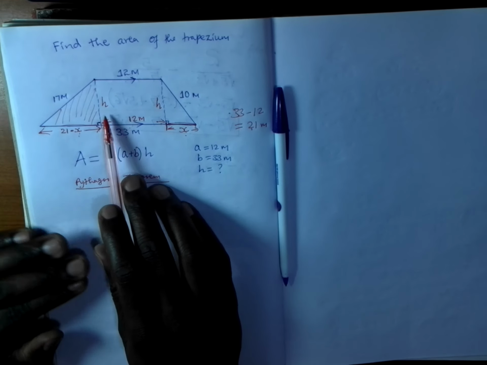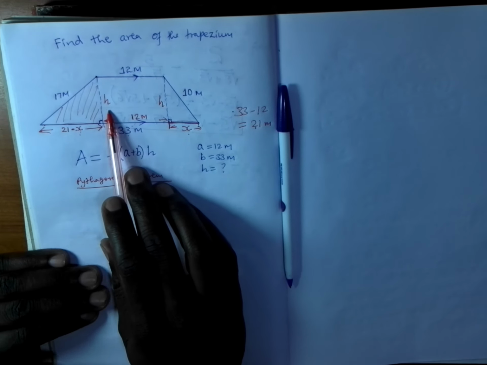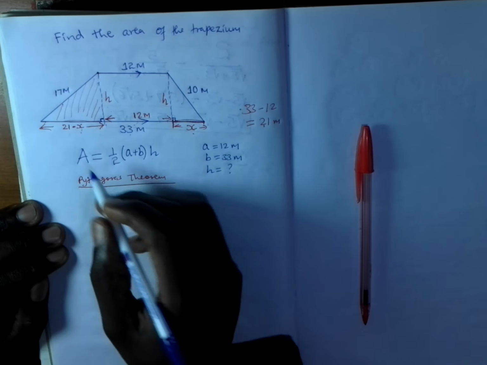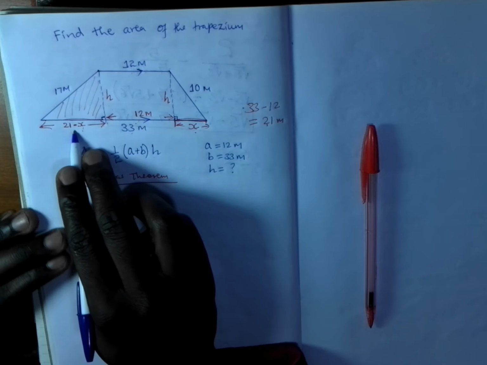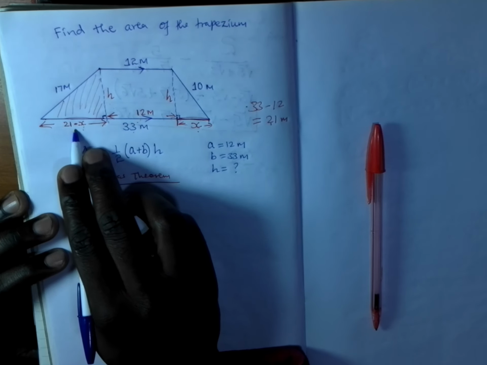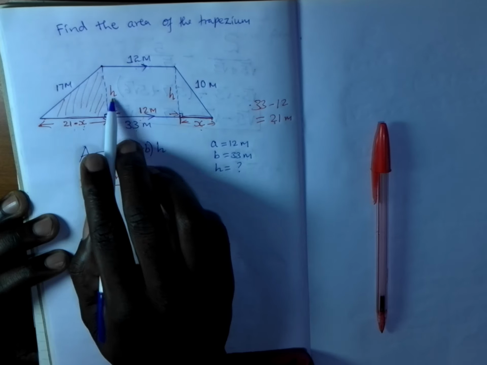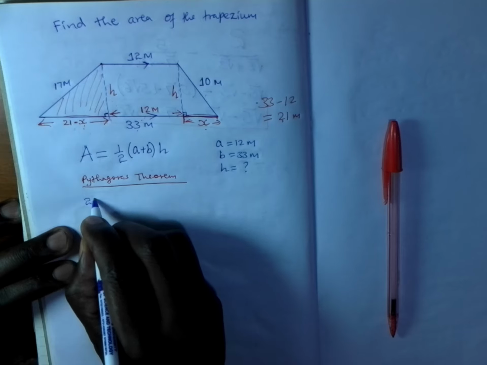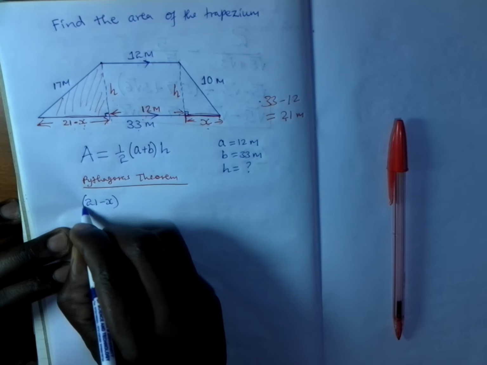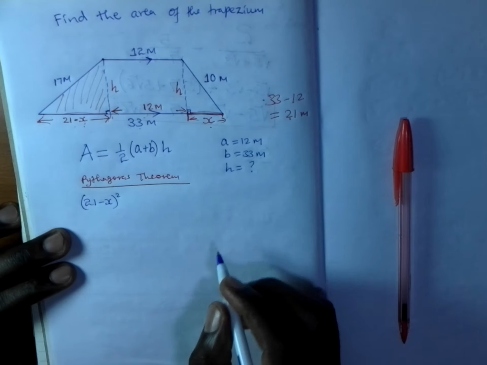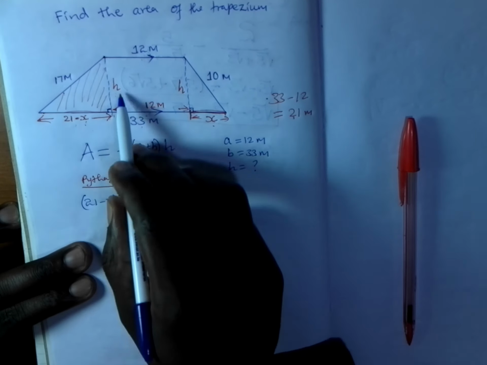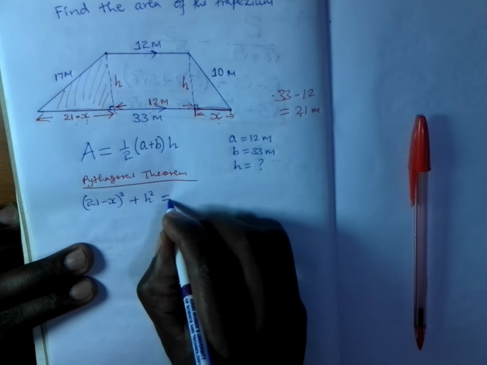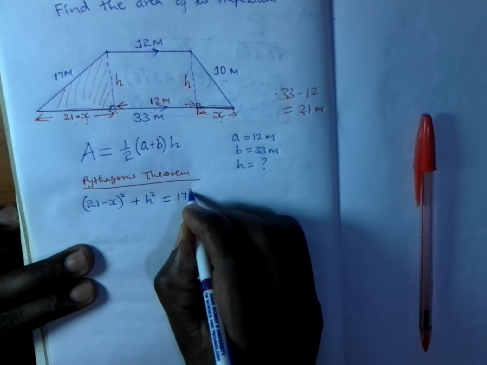Then later we shall have this value of h. So using Pythagoras theorem, the adjacent squared plus the opposite squared will be equal to hypotenuse squared. So that will be 21 minus x, we square it, plus the opposite side, which is h squared, will be equal to 17 squared.